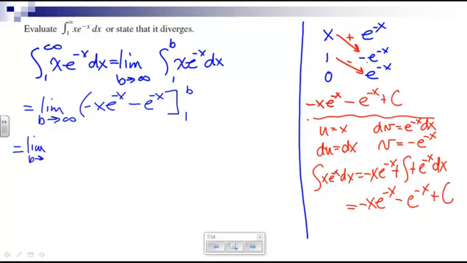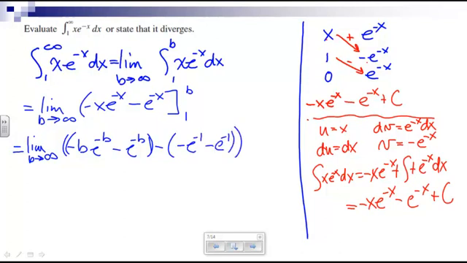The limit as b approaches infinity of negative b e to the negative b minus e to the negative b, there's our upper end, minus e to the negative 1 minus e to the negative 1. With all those plus signs, this looks like it's going to be 2e to the negative 1 down here. But what do we have going on here?